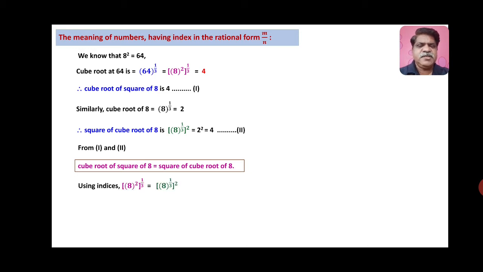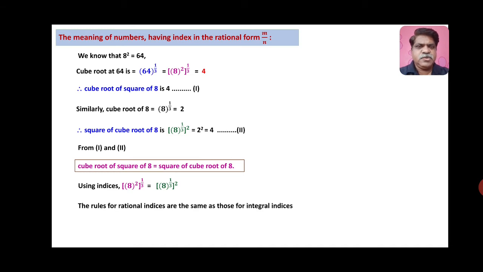So using the indices form, it can be written as (8 raised to 2) raised to 1/3 is equal to (8 raised to 1/3) raised to 2.